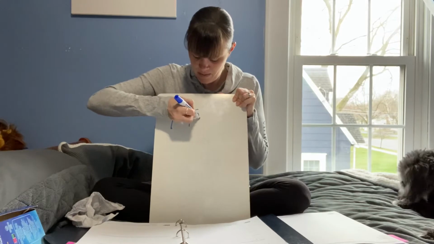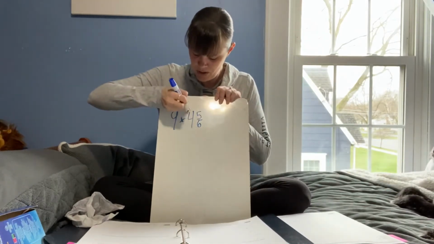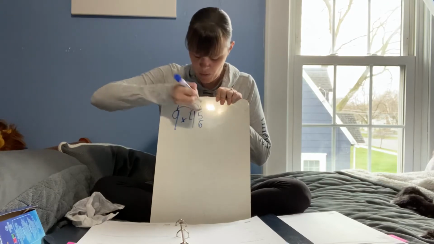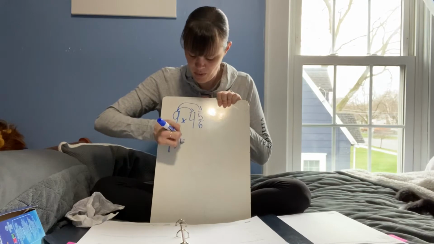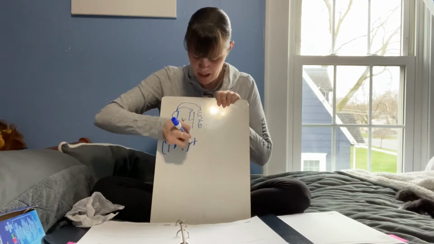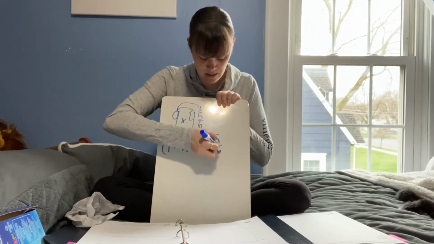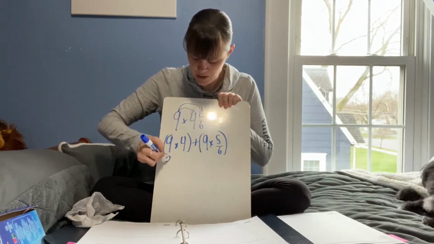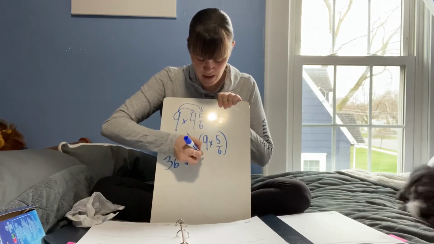Okay, so we're going to distribute that 9 to the 4 and to the 5/6. So we are at 9 times 4 plus 9 times 5/6. 9 times 4 is 36 plus 9 times 5/6 is 45/6.